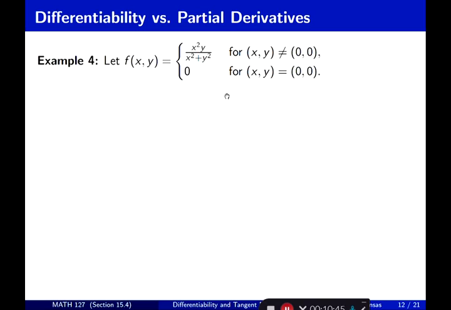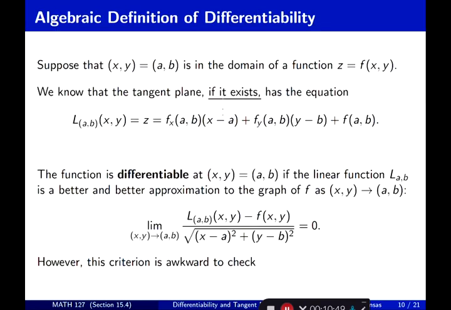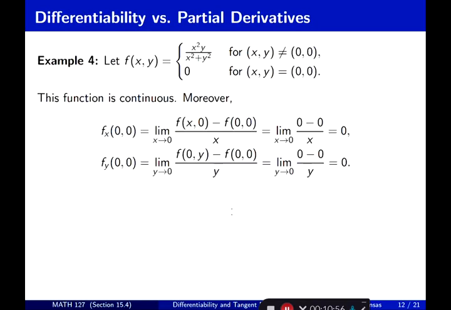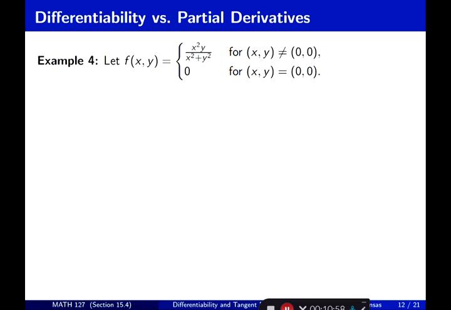To completely show that it's not differentiable, we have to go back and use this limit definition. But we can also look at the graph as we did in calculus 1 and say this is not differentiable. Something to notice is that the partials for this function are defined, but they're not continuous.